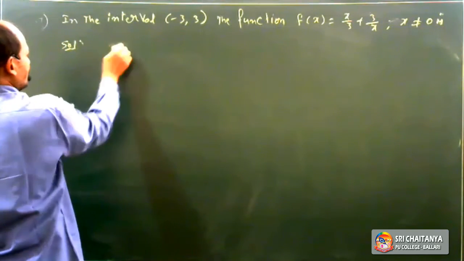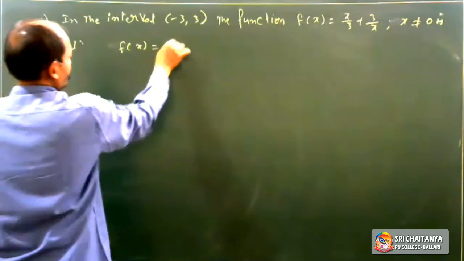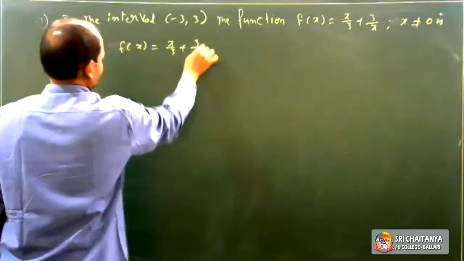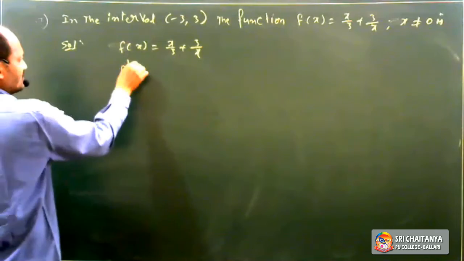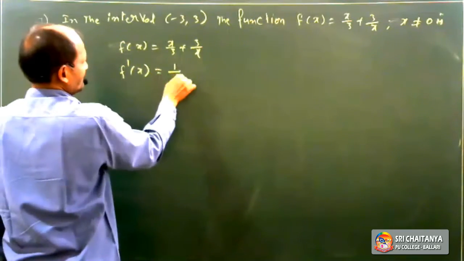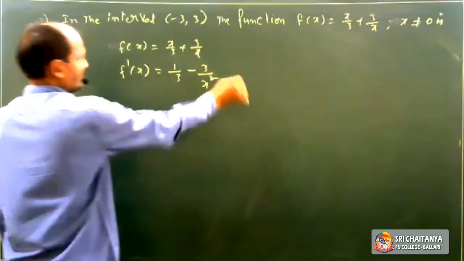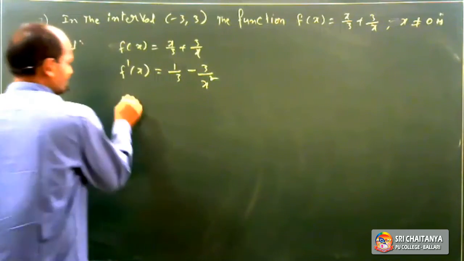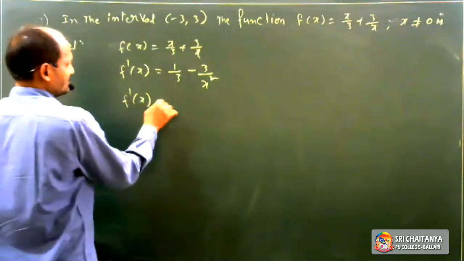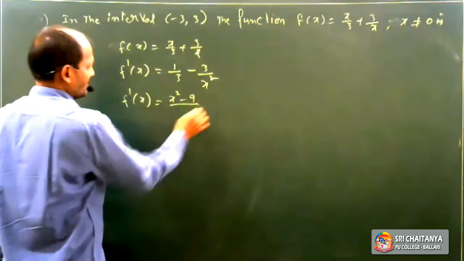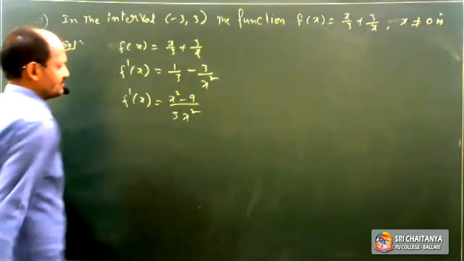Given f of x equals x by 3 plus 3 by x. What about f dash of x? It is 1 by 3 minus 3 divided by x square. So f dash of x is equal to x square minus 9 divided by 3x square.